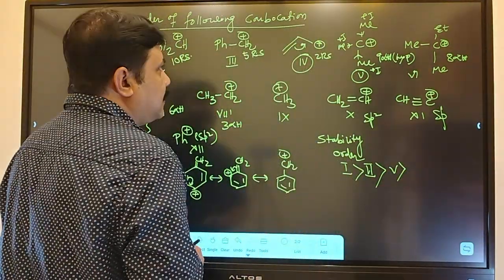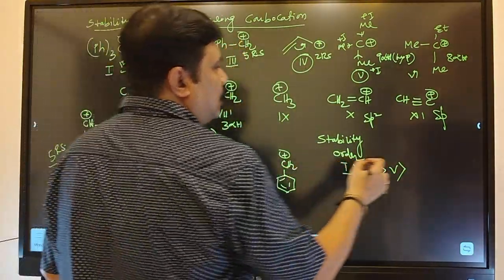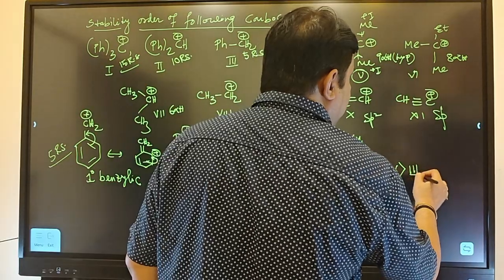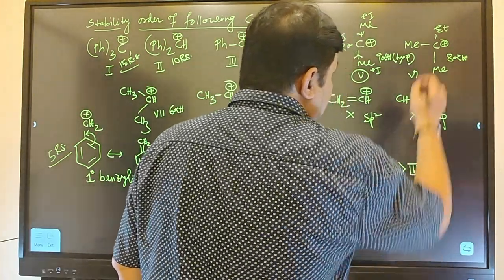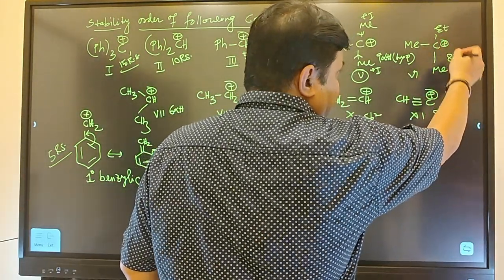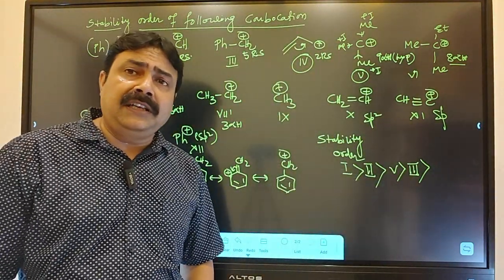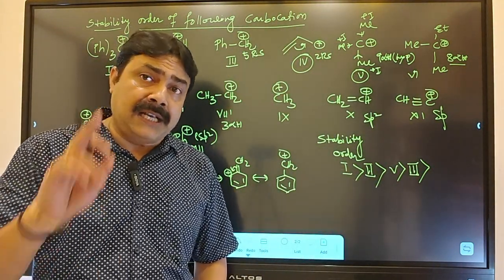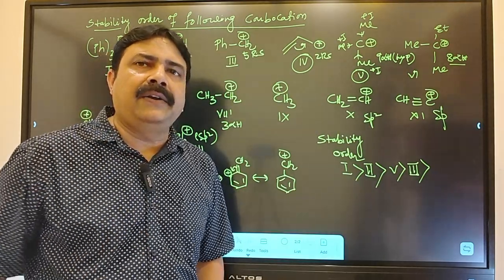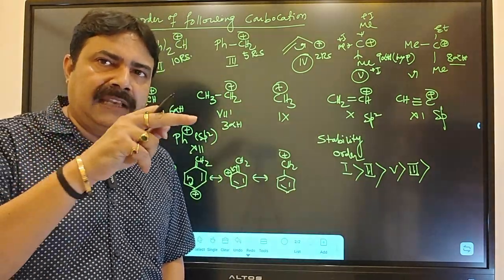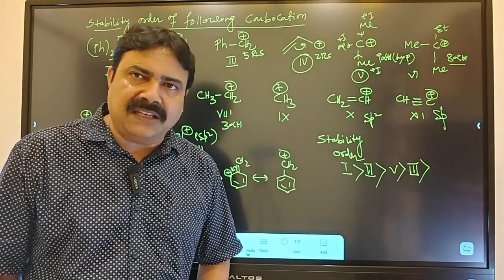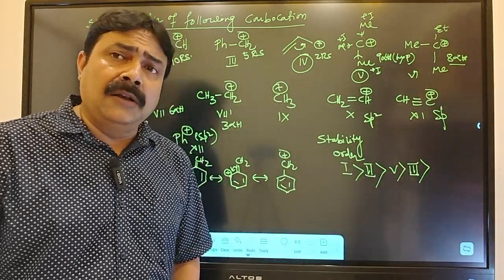And after that, benzylic will be more stable. After 5, benzylic is more stable. After that, 3 degree, that means the 6th one is also 3 degree, but with 8 alpha hydrogens. Always remember, compared to 1 degree benzylic, for a 3 degree carbocation the condition should be 9 alpha hydrogens, and the 3 methyl groups giving plus I, which makes tertiary butyl carbocation the most stable.